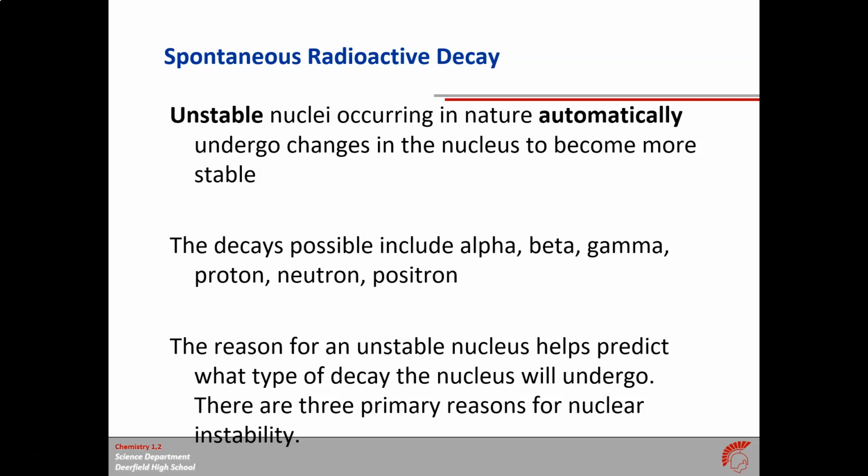If we're worried about radiation, what we're really worried about is these unstable nuclei before they decay. So for example, if there were to be an explosion of a nuclear bomb or a nuclear reactor leaked or something, the radioactive atoms would be released into the environment.